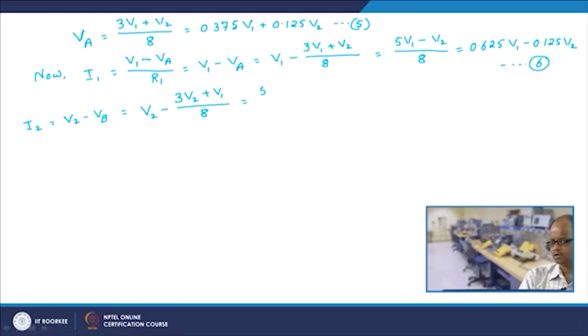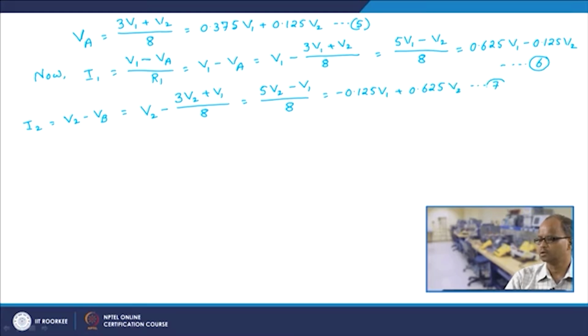So, it is (5 V2 minus V1) by 8. So, it is minus 0.125 V1 plus 0.625 V2. So, we have got all the expressions of these measurement values.